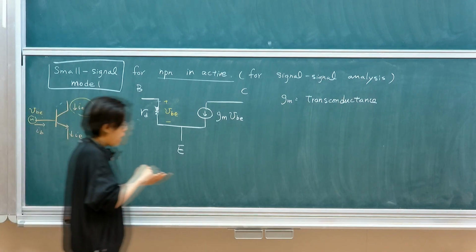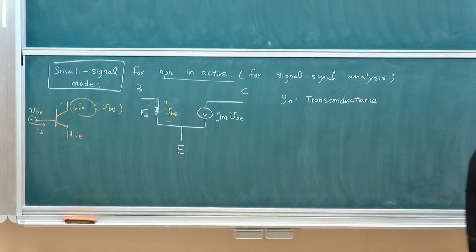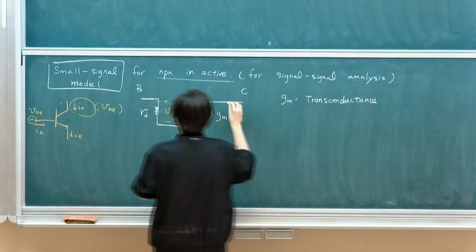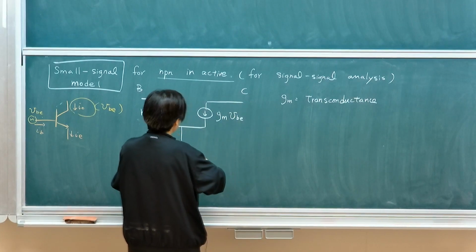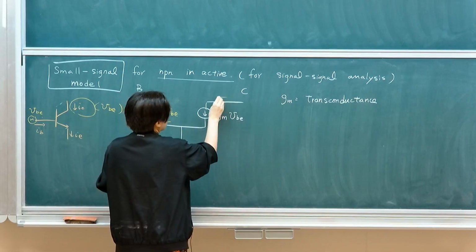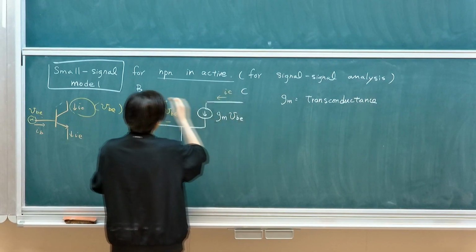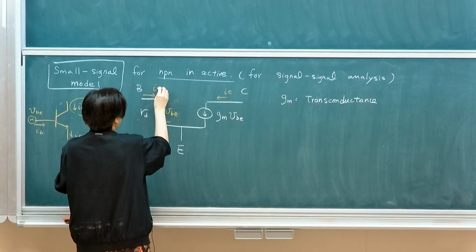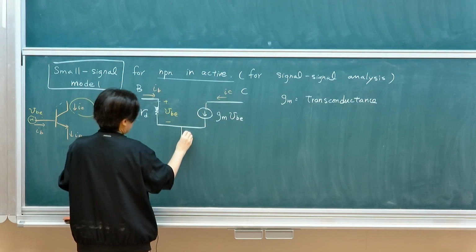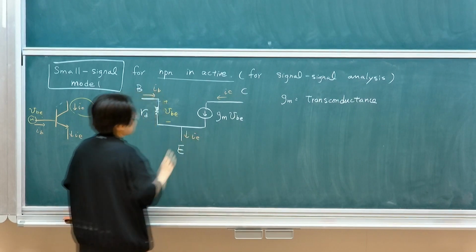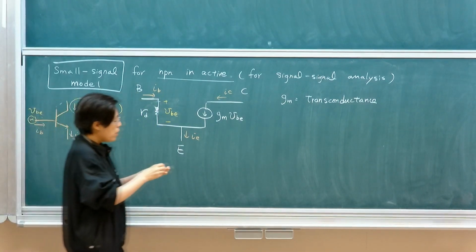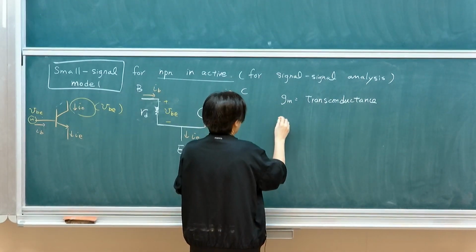So let's look at the definition of gm. If you look at the equation, transconductance describes a small little current change. Because this is a small signal model, this is ic, this is the small signal change in ib, and this is ie.